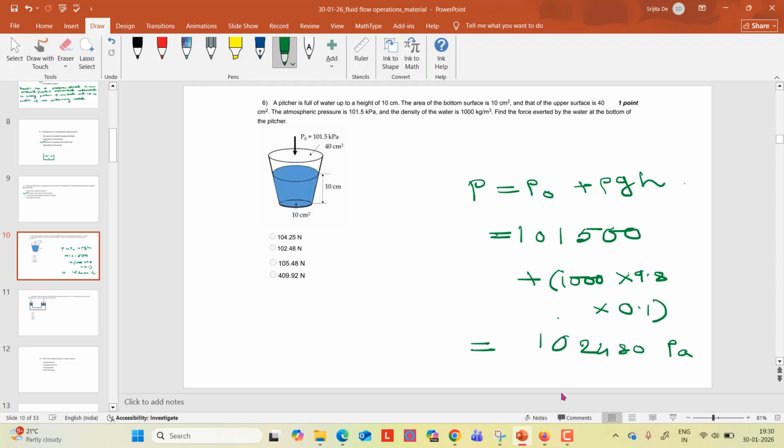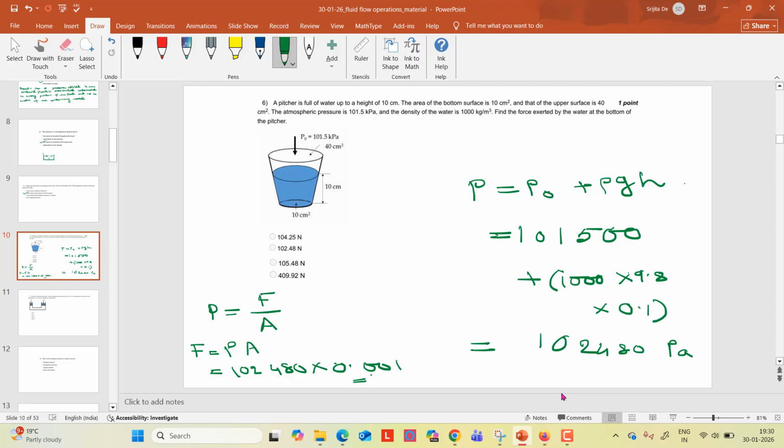Now it has asked, what is the force? We know the pressure in Pascal, right? Pressure is force per unit area, so force will be pressure into area. As it is said at the bottom surface, we know the bottom surface area is 10 centimeter square, that means 0.001 meter square.